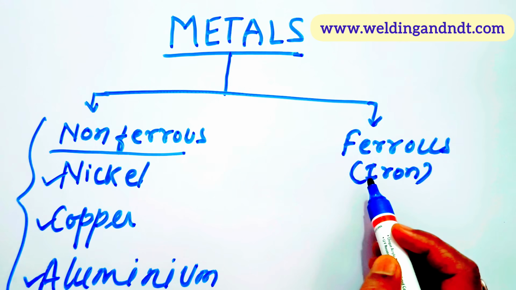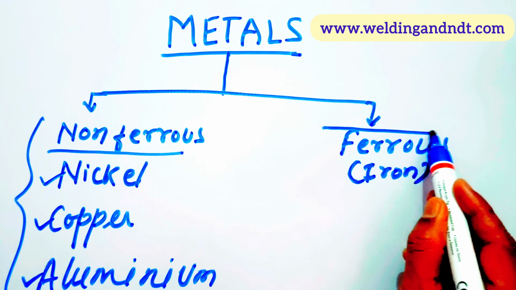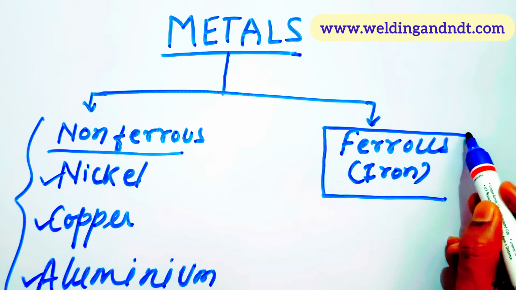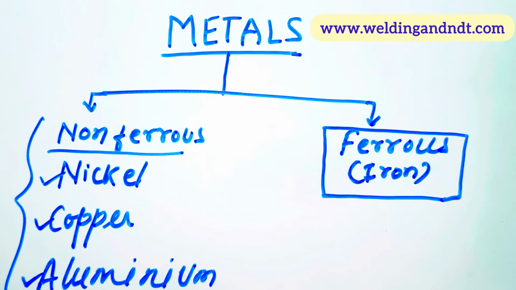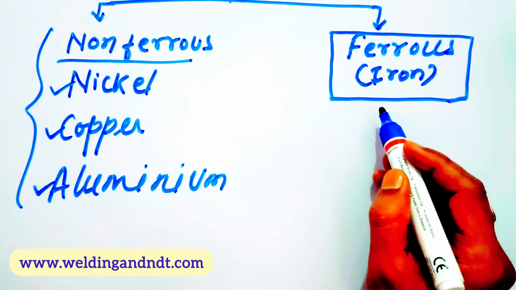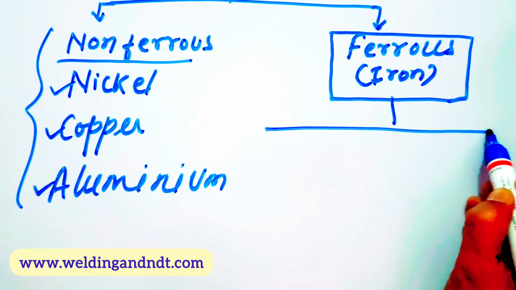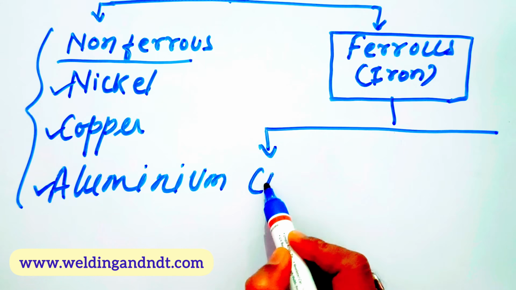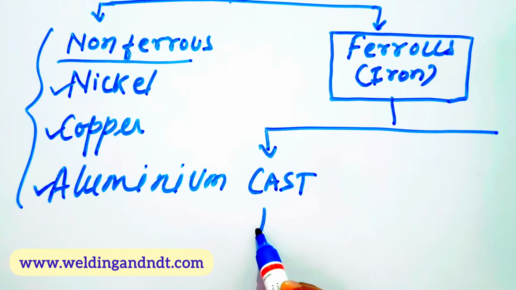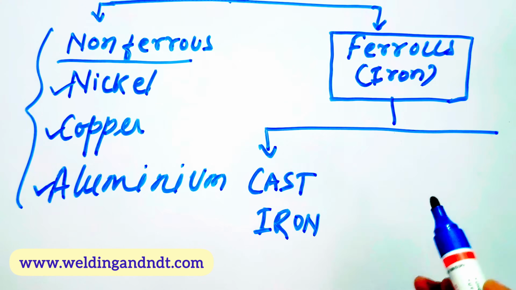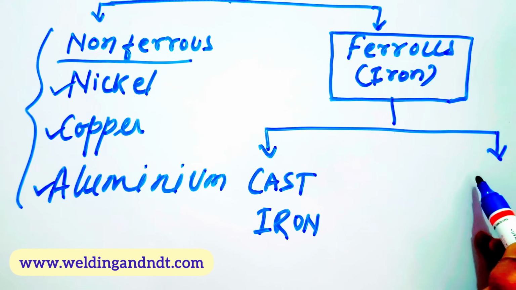Now moving forward, the ferrous metals are further classified into two types. The first one is the cast iron, and the second one is steel.